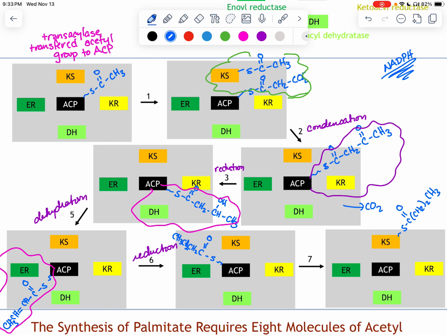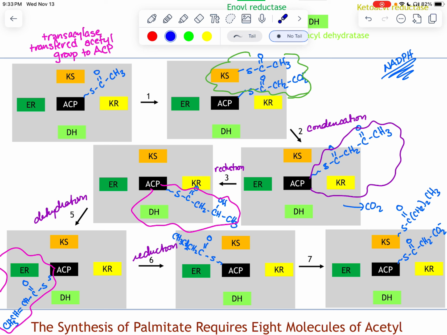And what that does is it lets it come back in here and pick up another malonyl. And now the cycle can start all over again. So essentially, we are building these up 2 carbons at a time. So the next time we circle around, this will be 2 carbons longer. The next time we circle around, that will be 2 carbons longer.